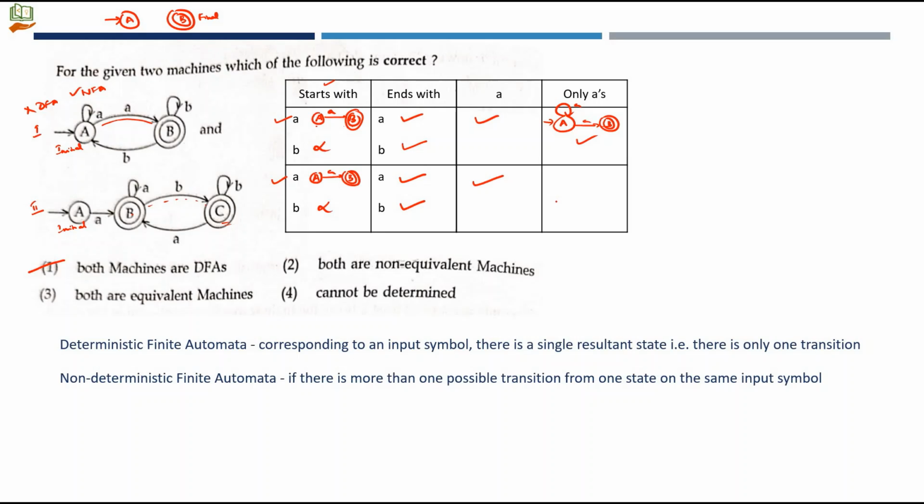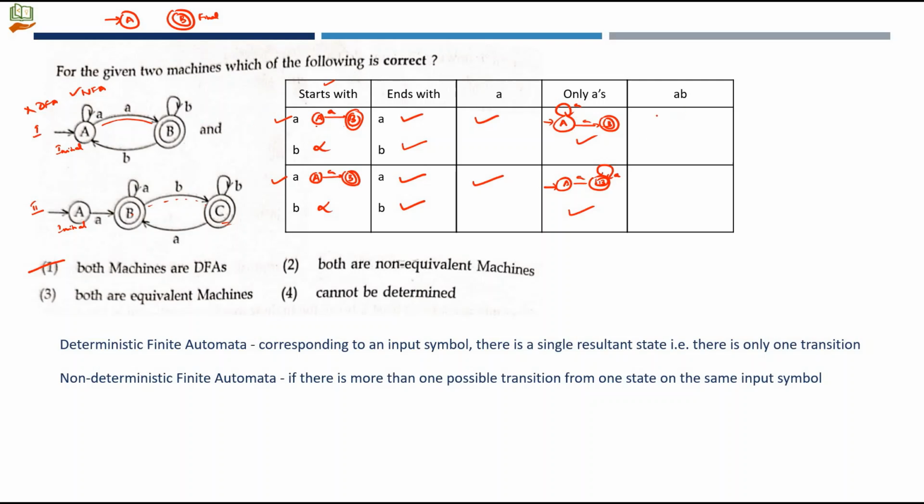So this can accept a string with only A's. What about the second machine? We have a transition from A to B with A input, and there is a self loop on B. Again, this can also accept a string with only A's. What about the string with an A and a B?